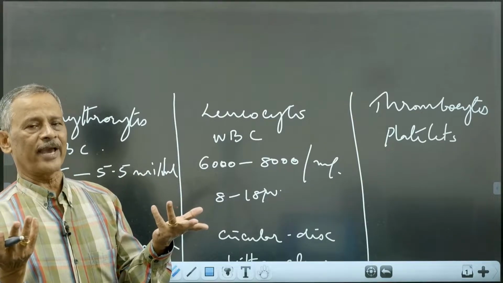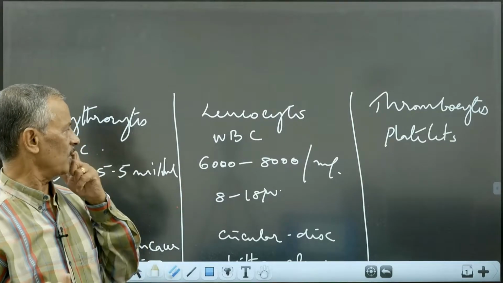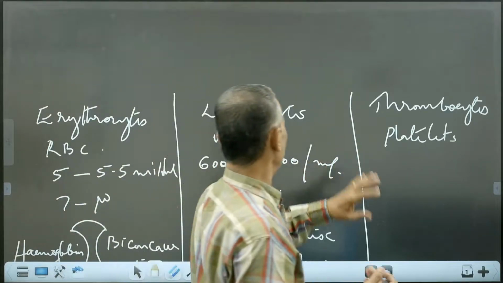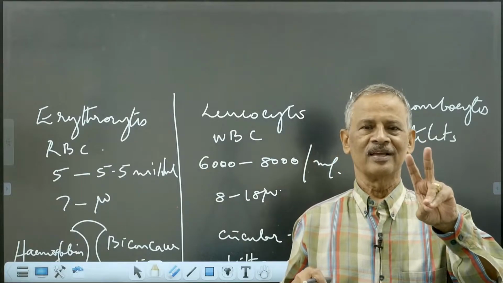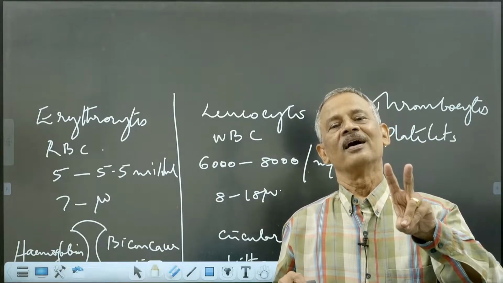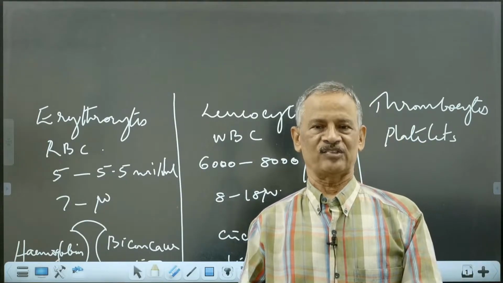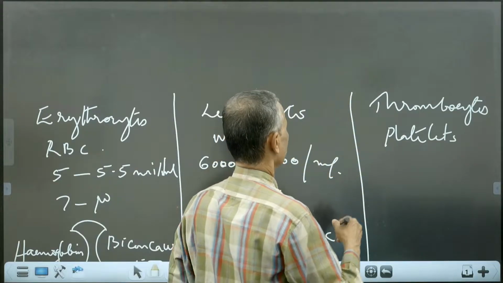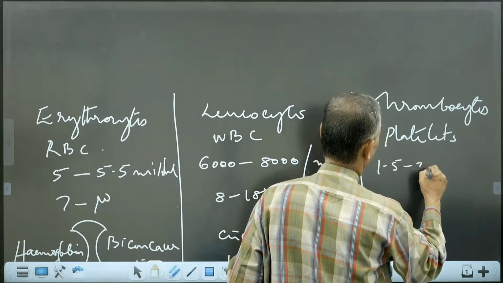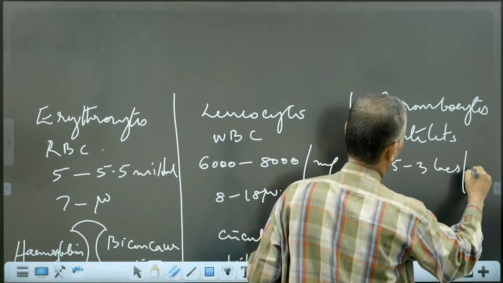These megakaryocytes simply break into so many pieces, and so you are having platelets which are colorless, shapeless, and without any nucleus. Okay, so their number will be 1.5 to 3 lakhs per ml.